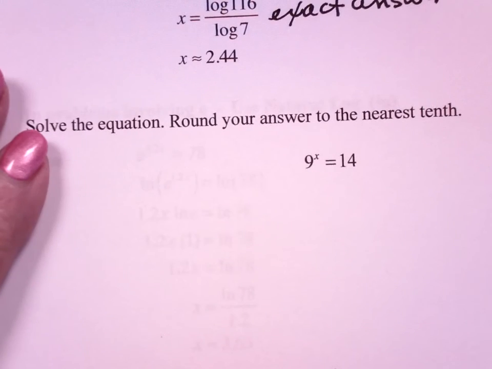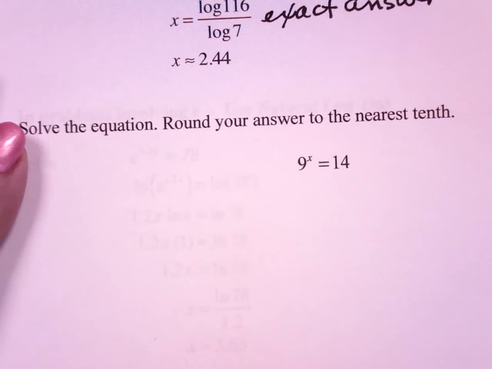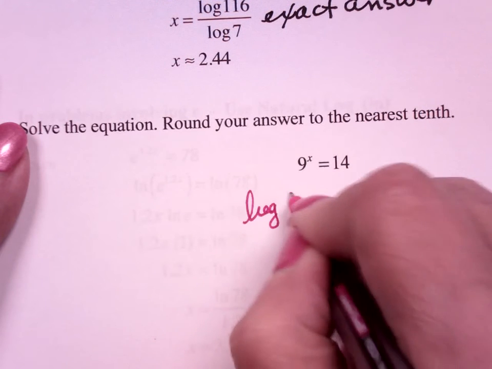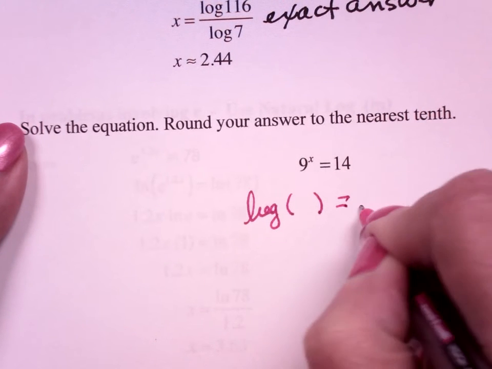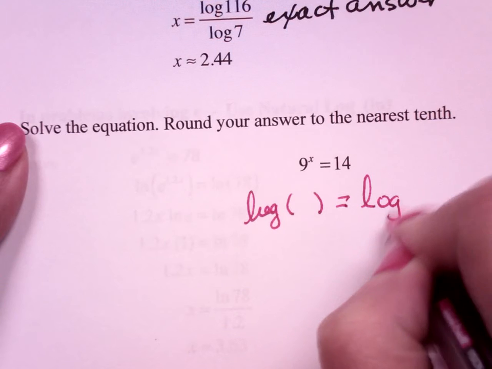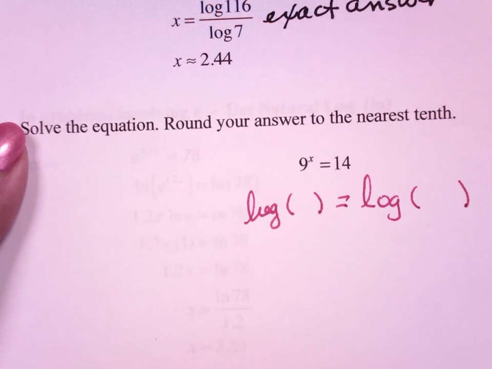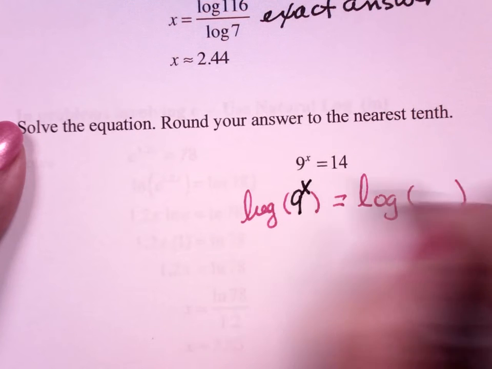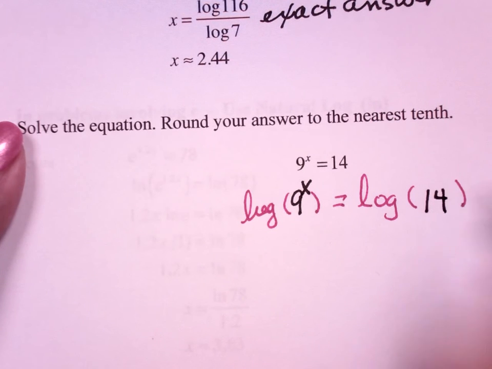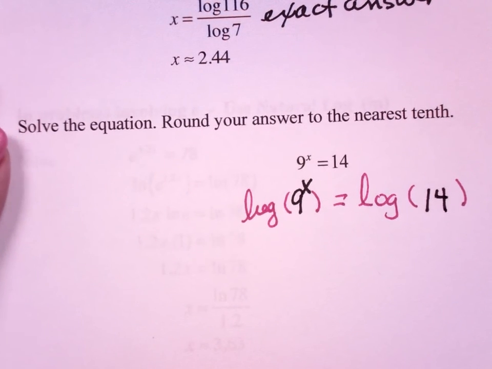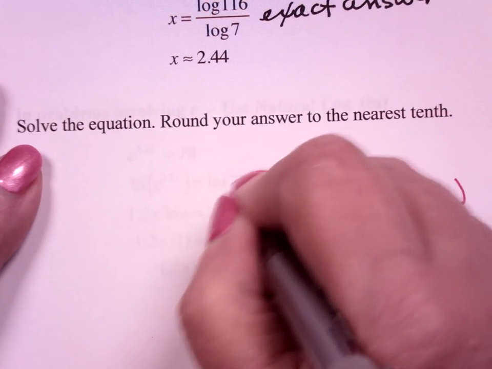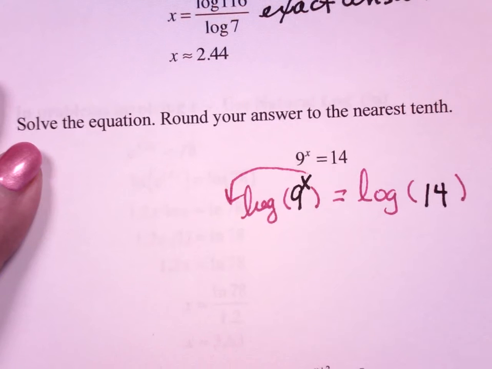So here we go. 9 to the x equals 14. First thing I'm going to do is take the log of the left-hand side. It doesn't matter what the original problem is. I take the log of the left, I take the log of the right, they're still the same. Properties of logarithms allows me to bring the x down in front.